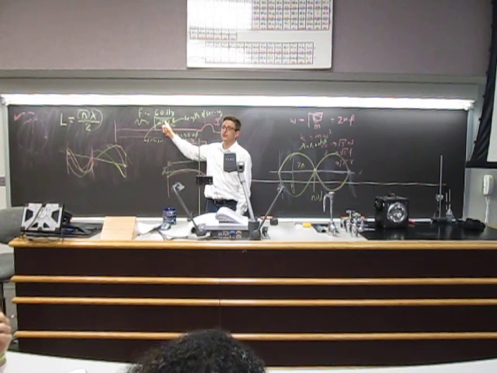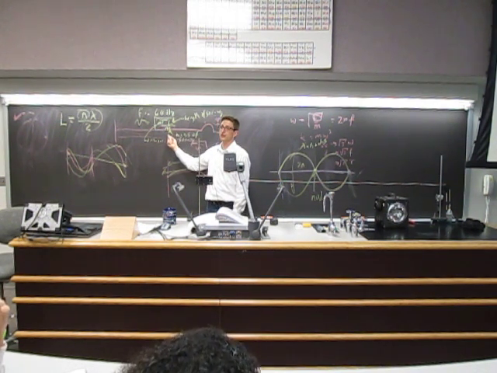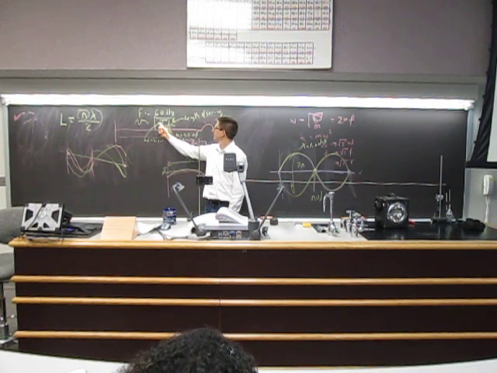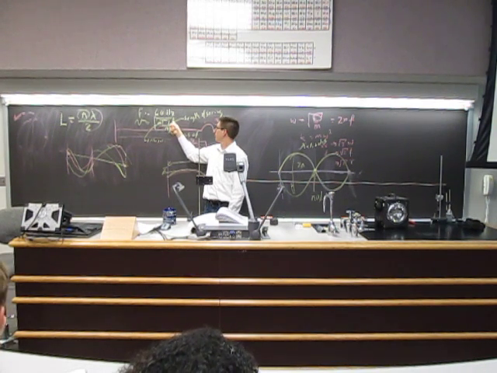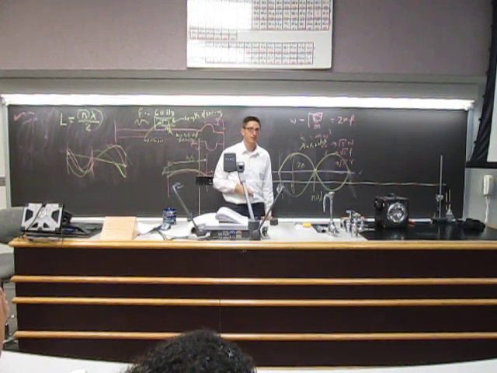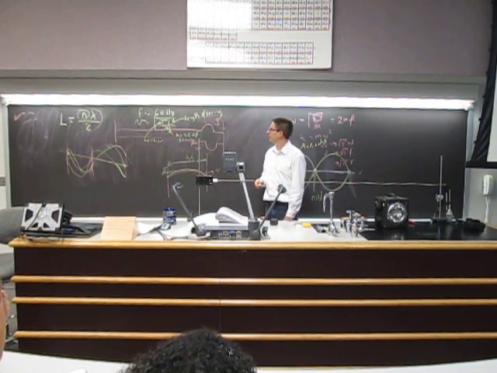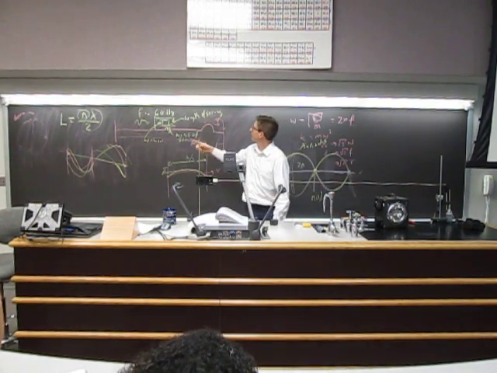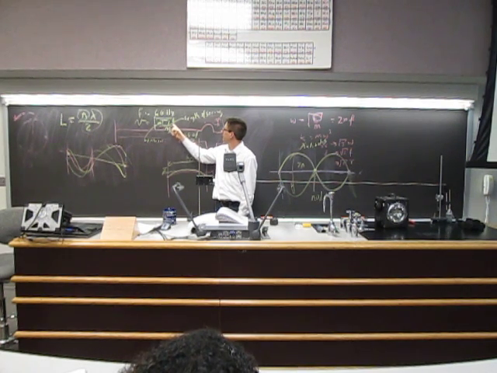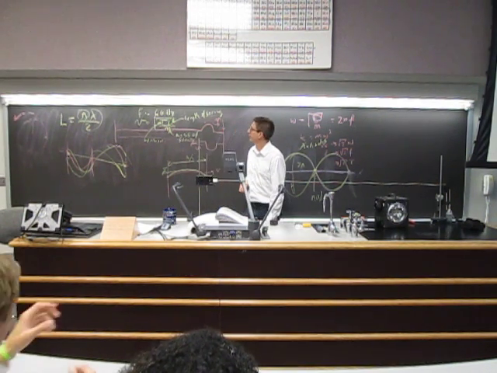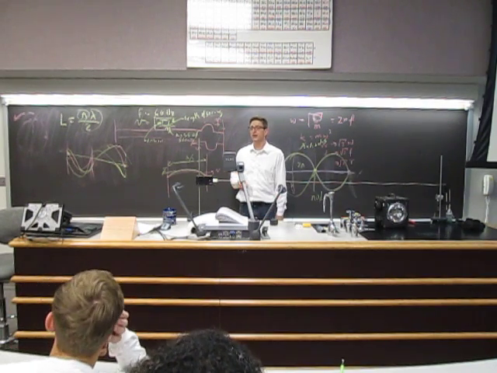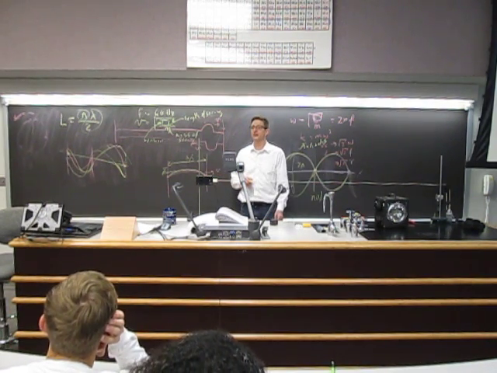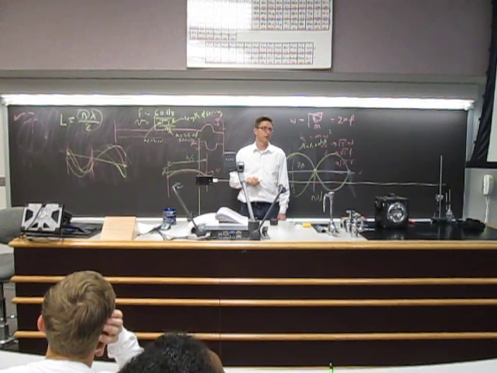If you have tension in newtons, you should have this mass in kilograms. The units will be kilograms meters per second squared, divided by kilograms, multiplied by L, that's meters squared per second squared. Take the square root, that gives you units of velocity, and it turns out to be the wave speed. So in principle, if I knew all these things, and I knew the frequency, I could get the wavelength, and I would know exactly how long I want to make this string. Right? You have an integer number of half wavelengths.